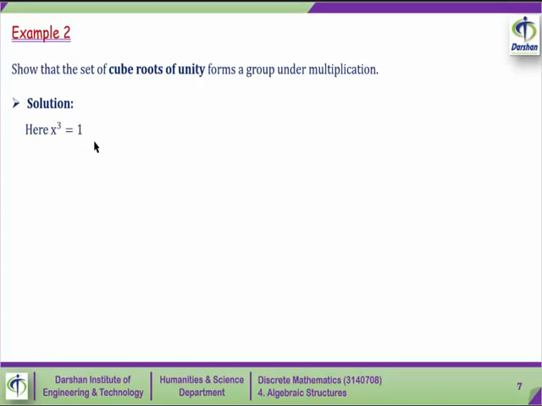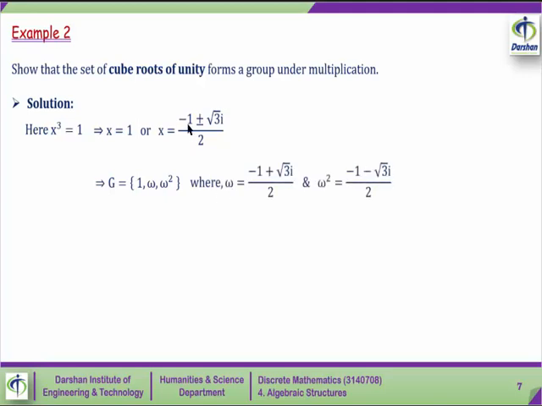If we solve this equation, then we get three values of x, which are 1, minus 1 plus root 3i by 2 and minus 1 minus root 3i by 2. So the set of cube roots of unity G is equal to three elements 1, omega and omega square, where omega is the second element, minus 1 plus root 3i by 2, and omega square is the third element, which is minus 1 minus root 3i by 2.